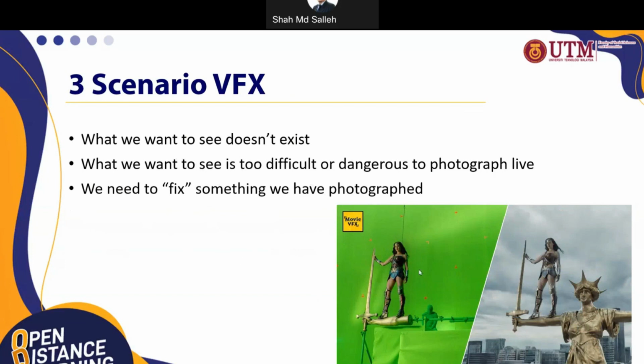For example, Wonder Woman standing on this statue at a high level: they use a green chroma key, and then apply it in the movie.